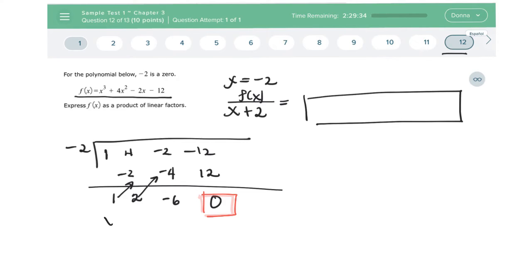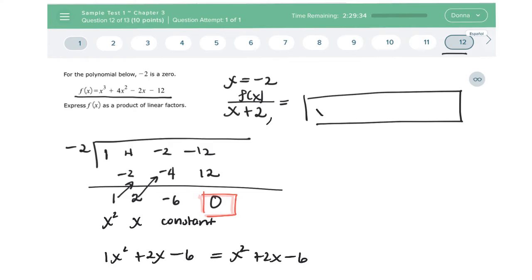So the 1 will be the coefficient for x squared, 2 will be the coefficient of x, and negative 6 will be the constant. So we have 1x squared plus 2x minus 6, which we just write as x squared plus 2x minus 6. So when we take that cubic and divide it by x plus 2, it's going to have a resultant quotient of x squared plus 2x minus 6.